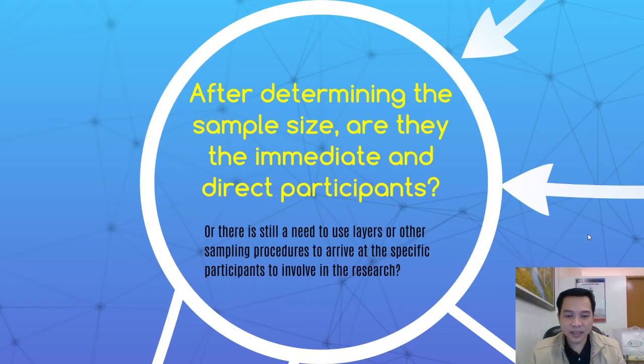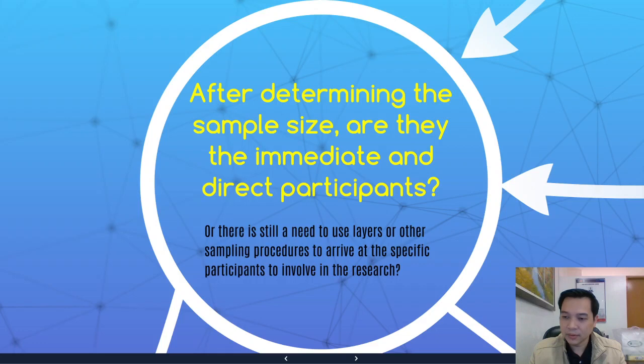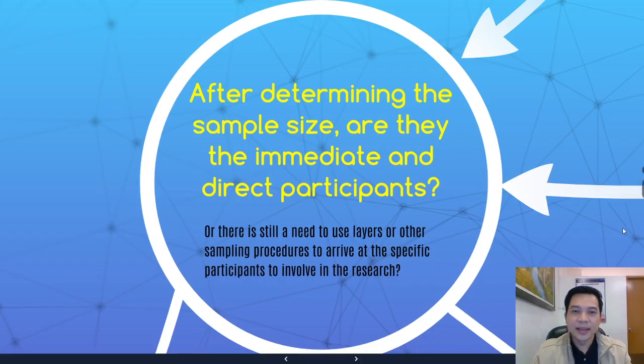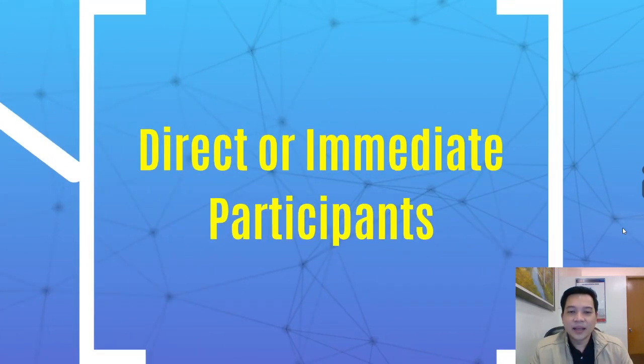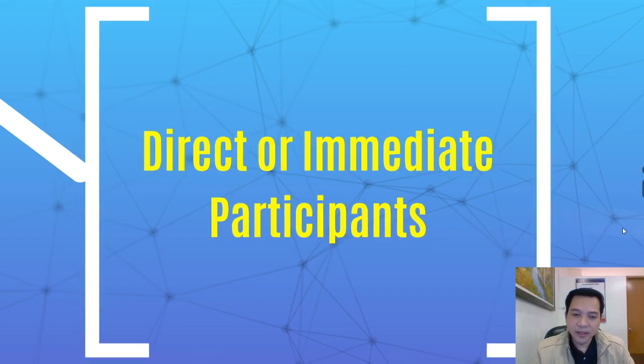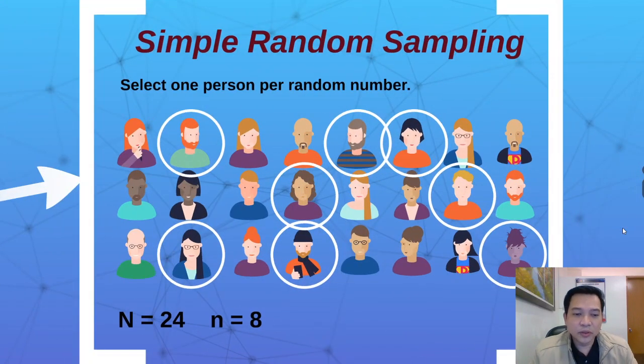So if this is the case, then they are your direct or immediate participants. So from the population, you just simply select them as your sample size. Okay? So how are you going to do that?